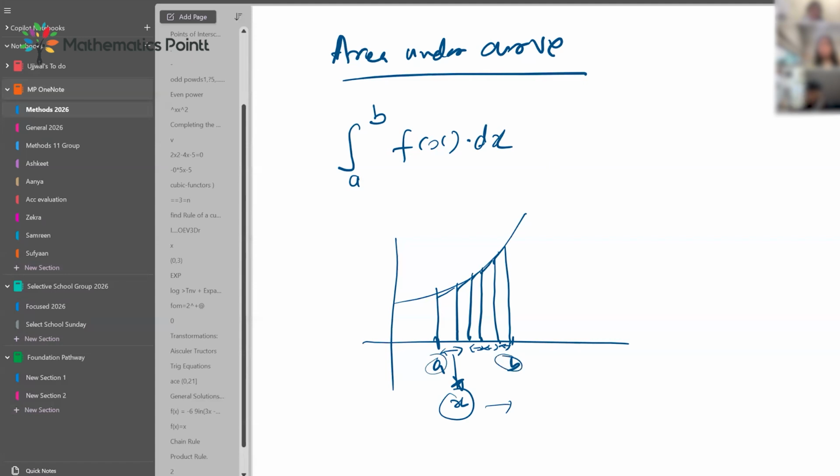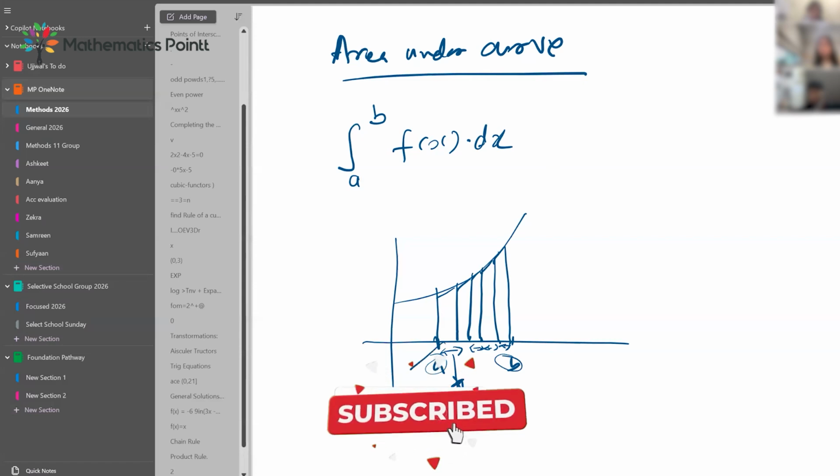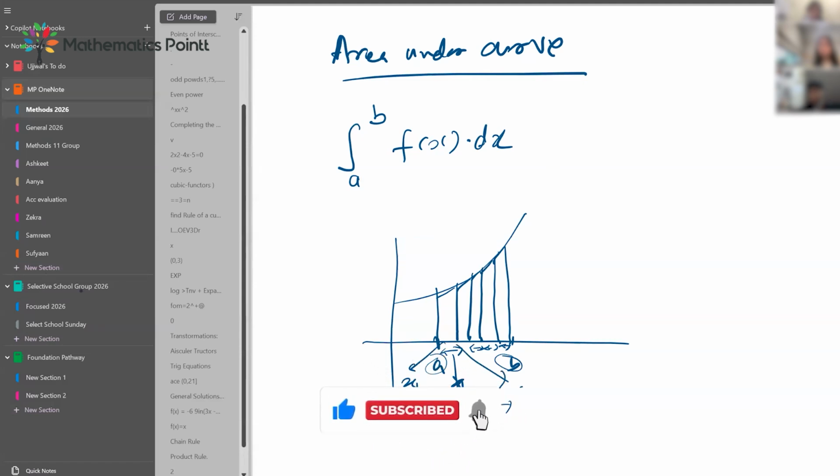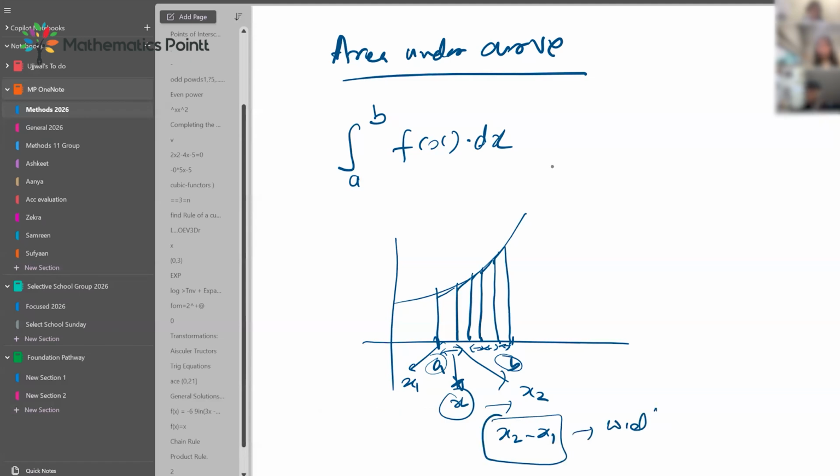Yes or no? So this x is basically called change. This x is x1 here and x2 here. Basically, x2 minus x1. That is the width of my trapezium, or the height of my trapezoid.